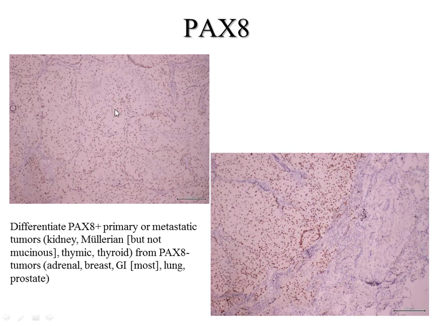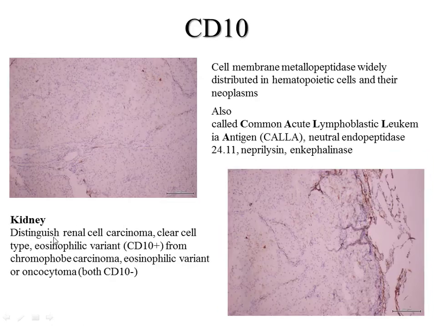We have the positive reaction in the nuclei of the tumor cells, so that is a metastasis from the kidney or from the thymus or from the thyroid. But we know that TTF1 is negative, so we can exclude thymic, thyroid, and we have only ovarian and kidney.